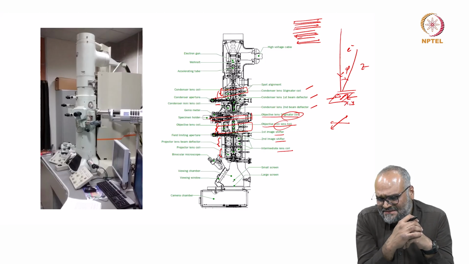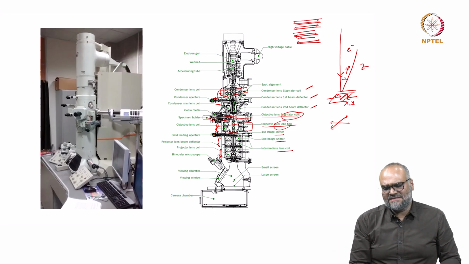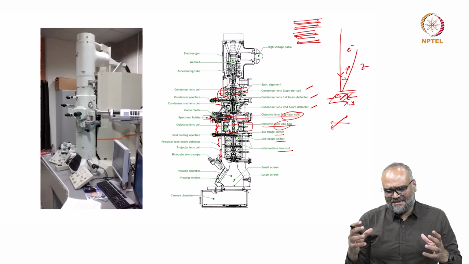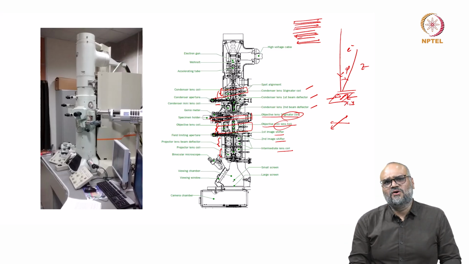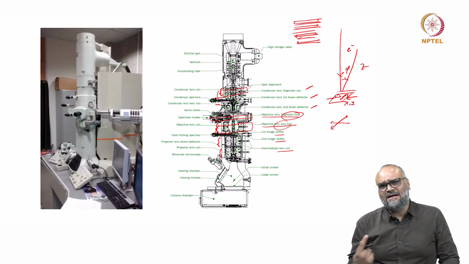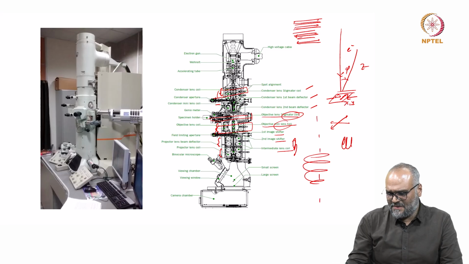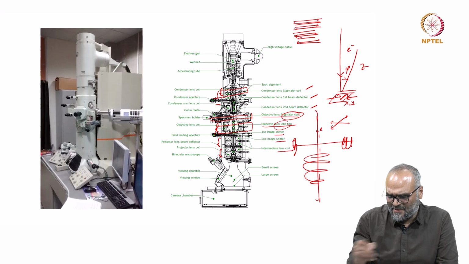I achieve these by using different kinds of coils. Why am I telling this now? From the previous slide, the construction of an electromagnetic lens is more or less like a solenoid or a cylindrical coil. But instead of having the coils stacked like this, I can stack a coil perpendicular to the direction of the electron beam propagation.